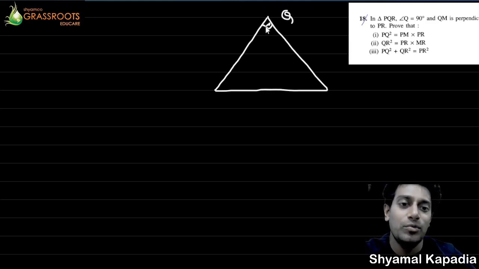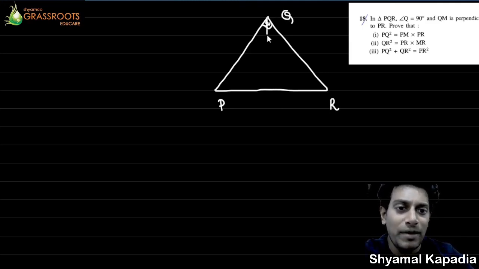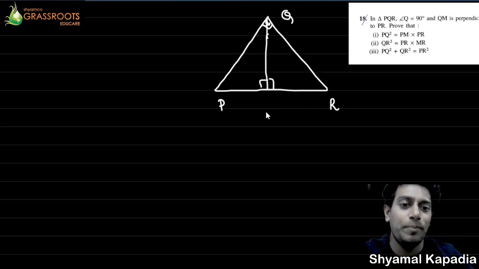Let this be Q. It's 90. PR is the hypotenuse. QM is perpendicular to PR. So this is also perpendicular. So there are two 90 degrees. One is this and one is at the bottom. So this is how the diagram figures out to be.